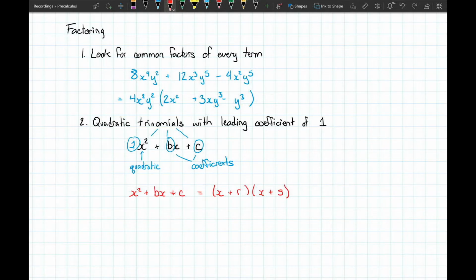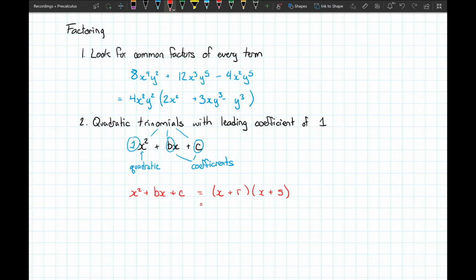R and s might be negative, I don't know. Ideally, that's what we want it to look like if we can factor it. Now, to come up with a shortcut for finding r and s, let's suppose that you can factor it. And then if you wanted to check your answer, we'll expand it back out and see what you get.